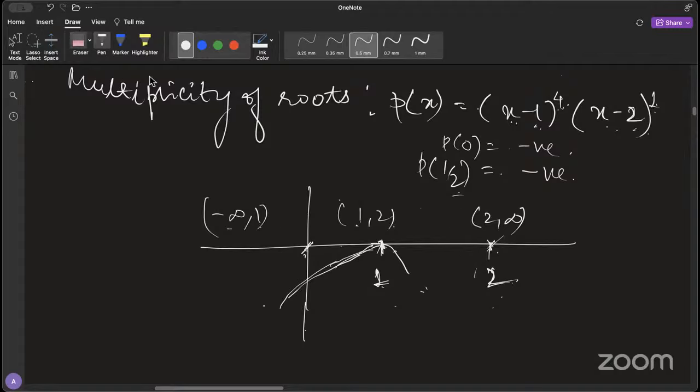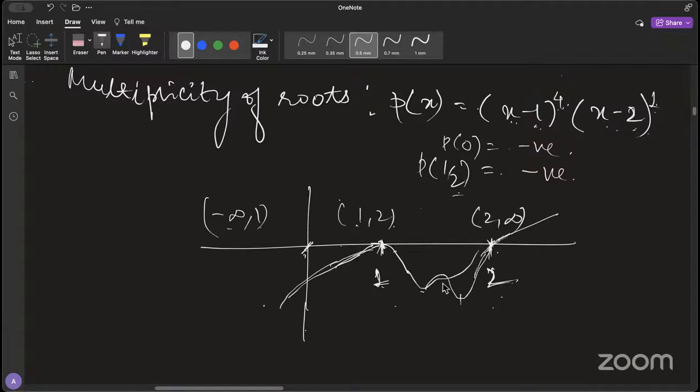Because there is no root between 1 and 2, it should go like this. And then it passes through this point, crossing the x-axis. So it should be like this. Is this okay? It also depends on the number of turning points, so it's possible for you to have something like this.